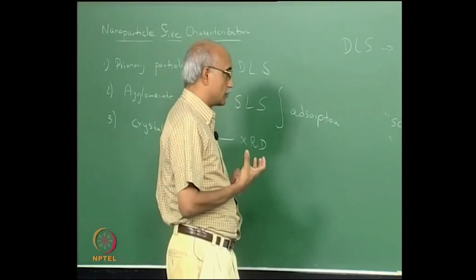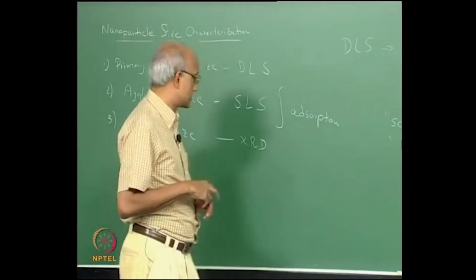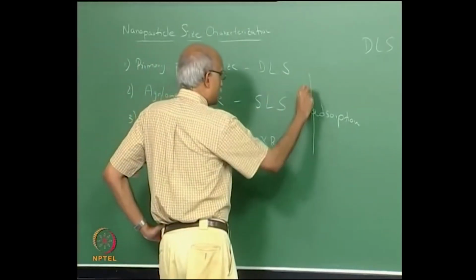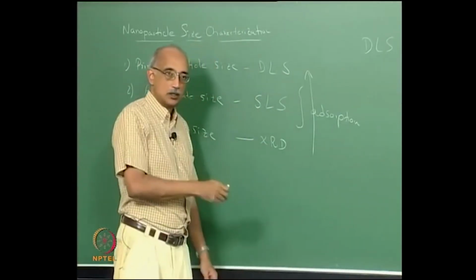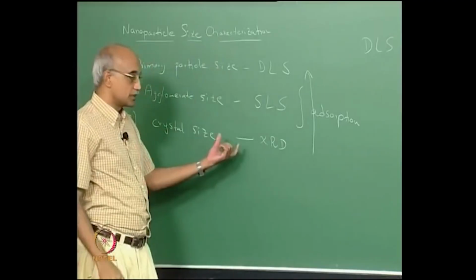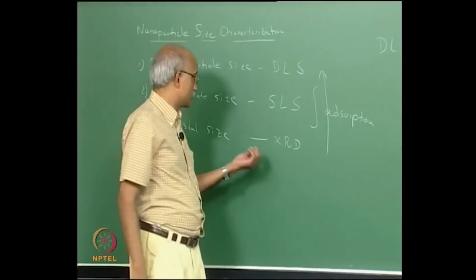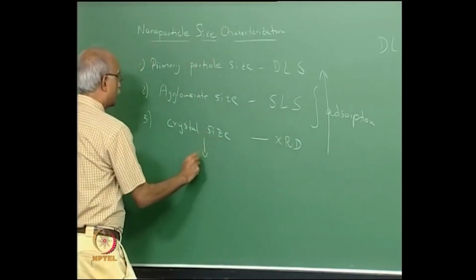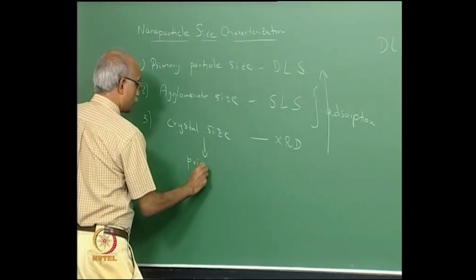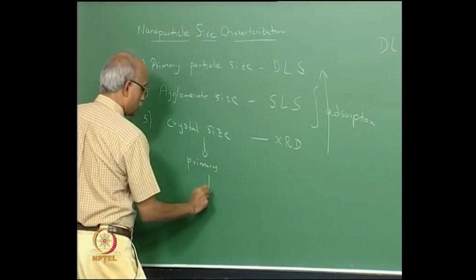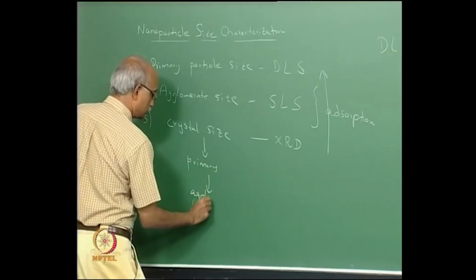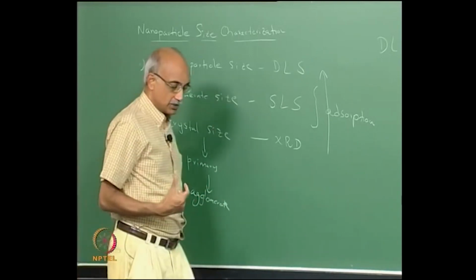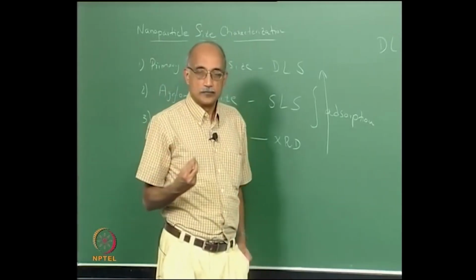And if you look at actual magnitudes, the size that you estimate will increase as you go up this way. In other words, the crystal size will be the smallest, followed by the primary particle size, followed by the agglomerate size. The crystalline structure is basically the core of the single particle.